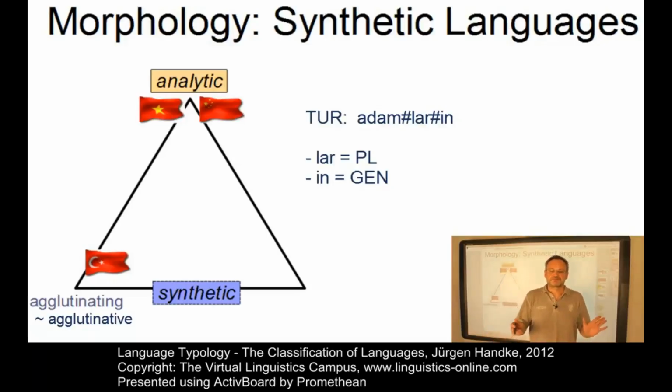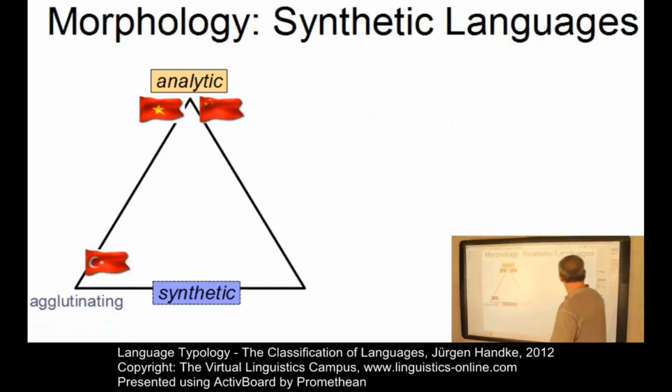Moreover, a given morph has mostly a reasonably invariant shape, so that its identification is also straightforward. Another example of an agglutinating language is Japanese, so let's move Japanese over here into a position close to Turkish.